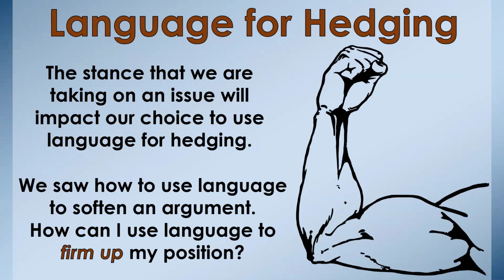If we're arguing something very passionately, very critically, we might want to present it in a very strong way. Whereas if we're indifferent about something, or perhaps we're being objective, then we might want to soften our argument. So we looked at how language for hedging can soften an argument. Now let's look at how we can firm up or strengthen our position.